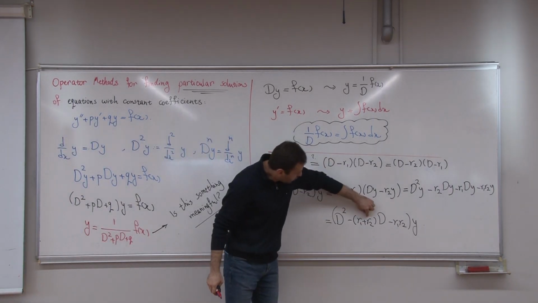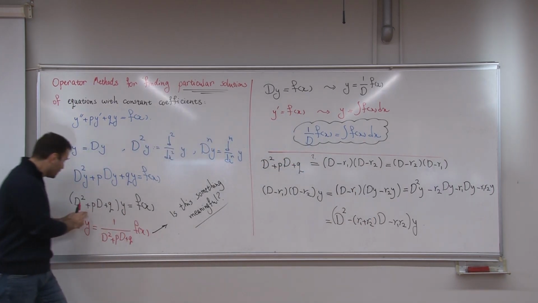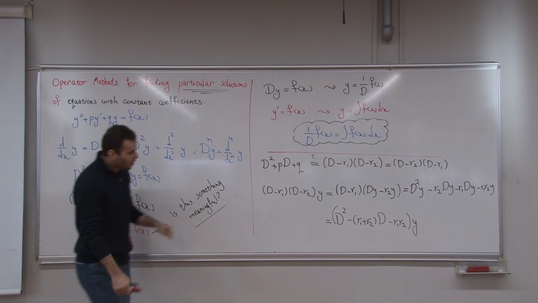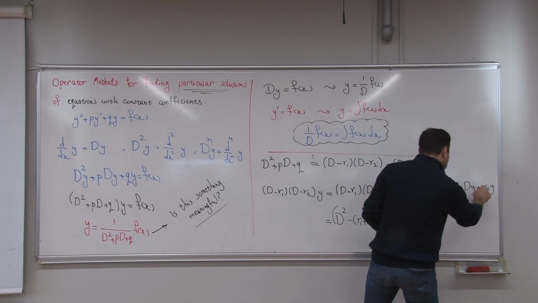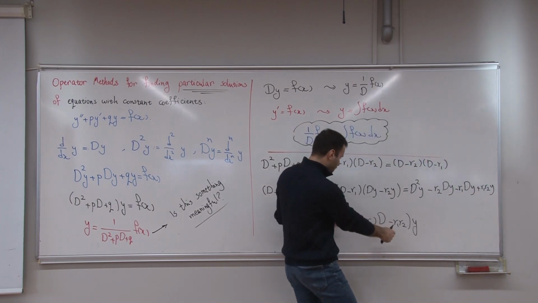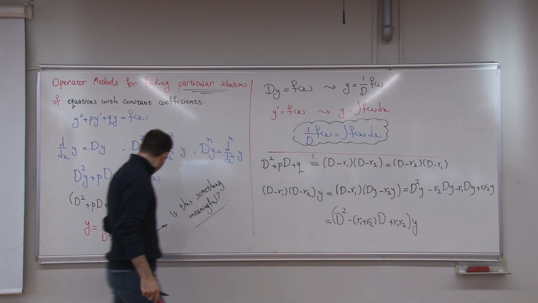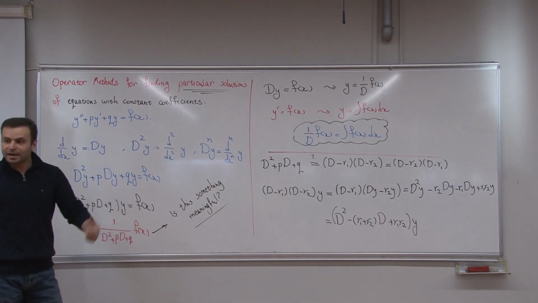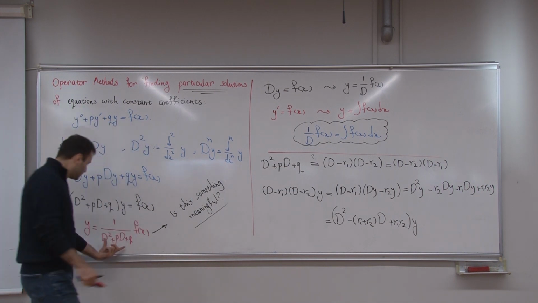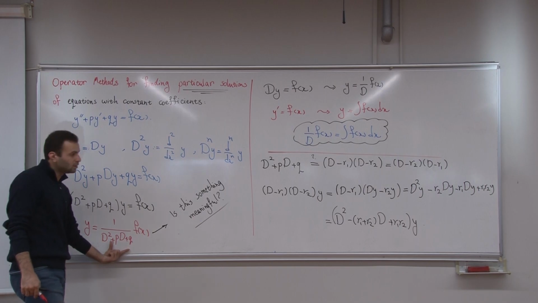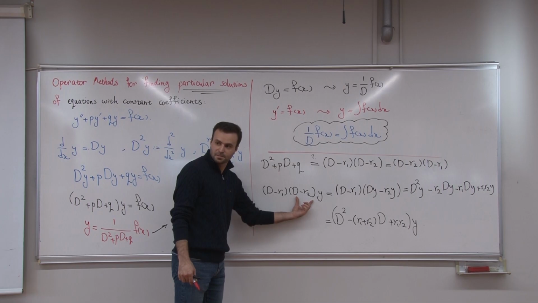If my r1 and r2 are such that minus (r1 plus r2) is equal to p, so it is positive p, and this r1 r2 is equal to q, then what I have been able to do is write this operator in terms of first order operators.